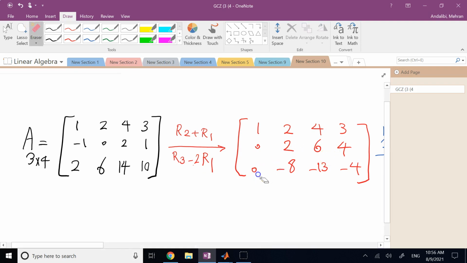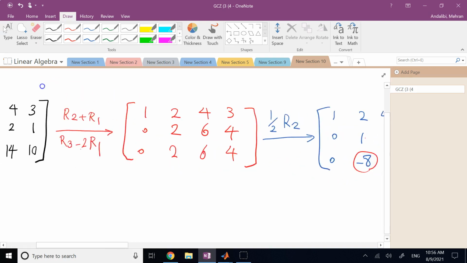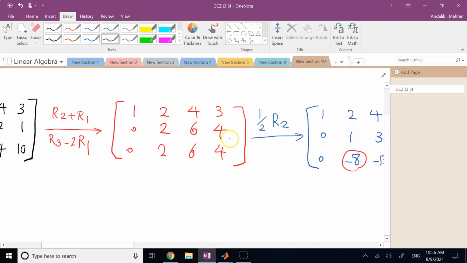We need to change row number 3. So you will get a 0 here, and then 2 times that, so you'll get a 2. You'll get 6, and you'll get 4.